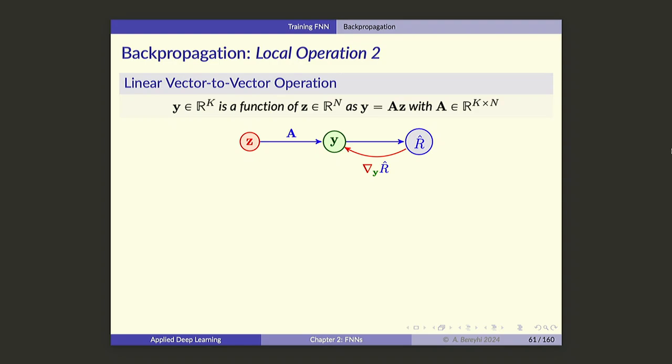And I do know the gradient of r hat with respect to y. I want to calculate the gradient of r hat with respect to z. Clear? Now, one question. If matrix A has k different rows and n different columns, and y has k different entries, then what would be the dimension of z?